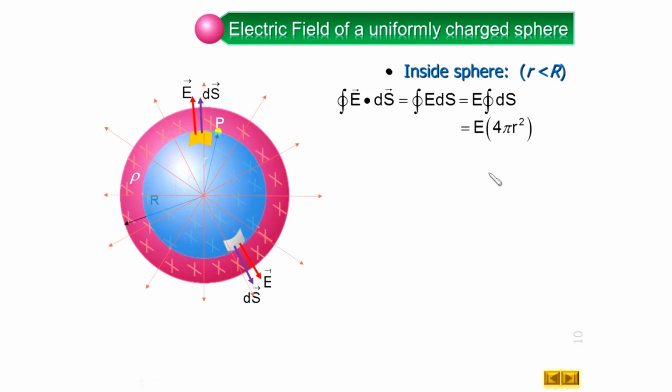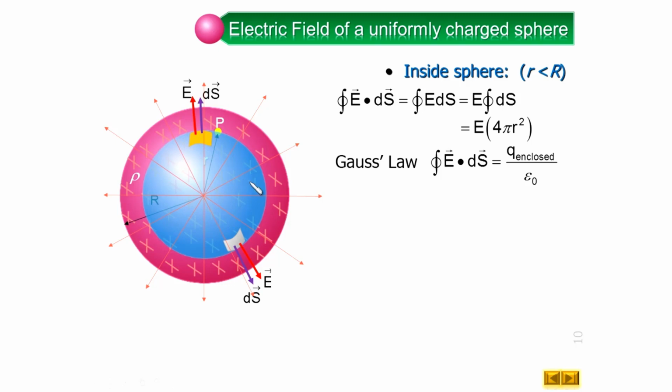Now come to the right hand side part of the Gauss equation, that is q enclosed divided by epsilon naught. So let us write the Gaussian equation again. This is the Gaussian equation, and we have calculated this part. Now we are calculating this part. This is the charge enclosed by this Gaussian surface. So we should care about the volume of the charge.